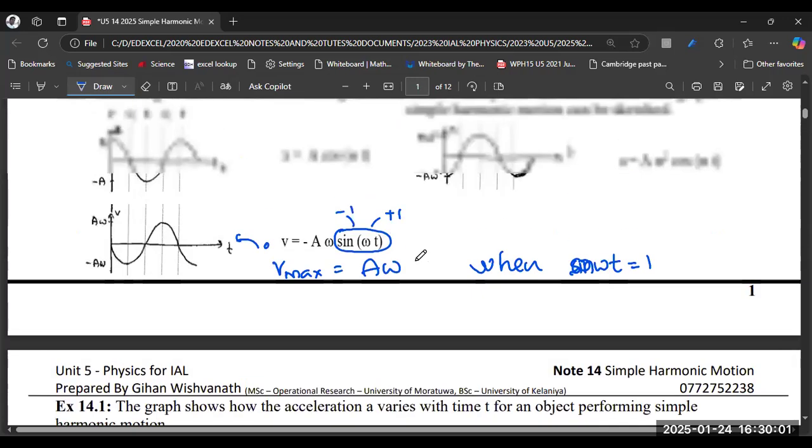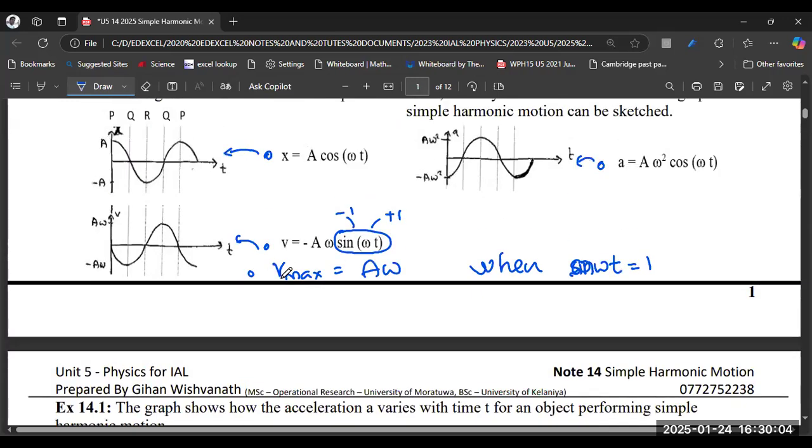Then if we know the maximum velocity, the next thing that we can approach is the objects that are oscillating in simple harmonic motion. You know that the maximum velocity happens when the object passes the equilibrium position, going down and going up.